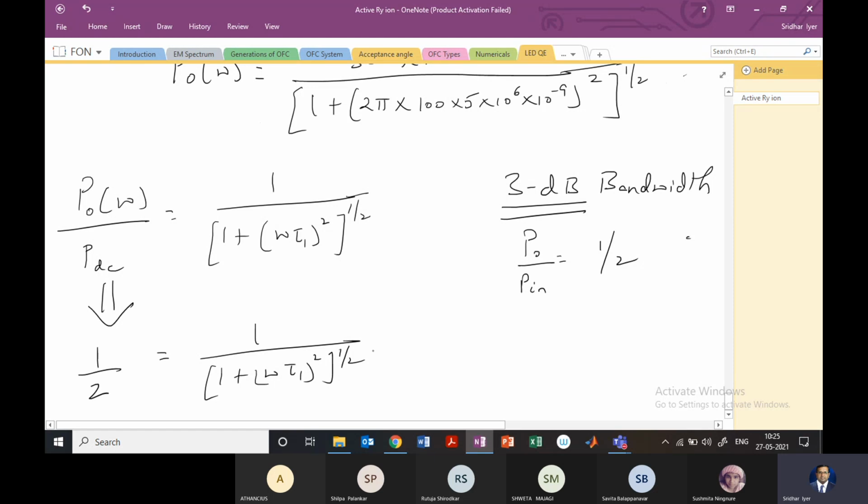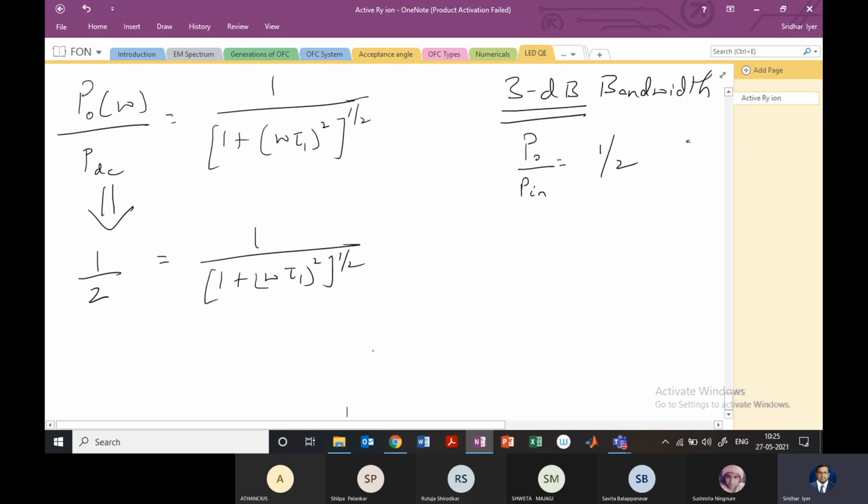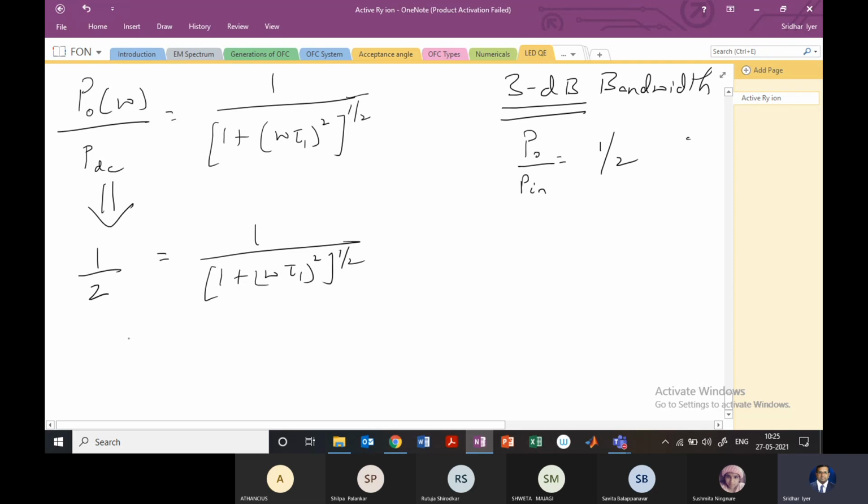So now this will be equal to half. Now let's do some squaring part here, or let's cross multiply. You can see that the RHS denominator is raised to half. So I'm going to take it on the LHS and square it. So I'll write 1 plus omega tau 1 the whole square. I'll get rid of the half by squaring the LHS, and since I'm cross multiplying, this will just become 2 raised to 2, which is 4, right?